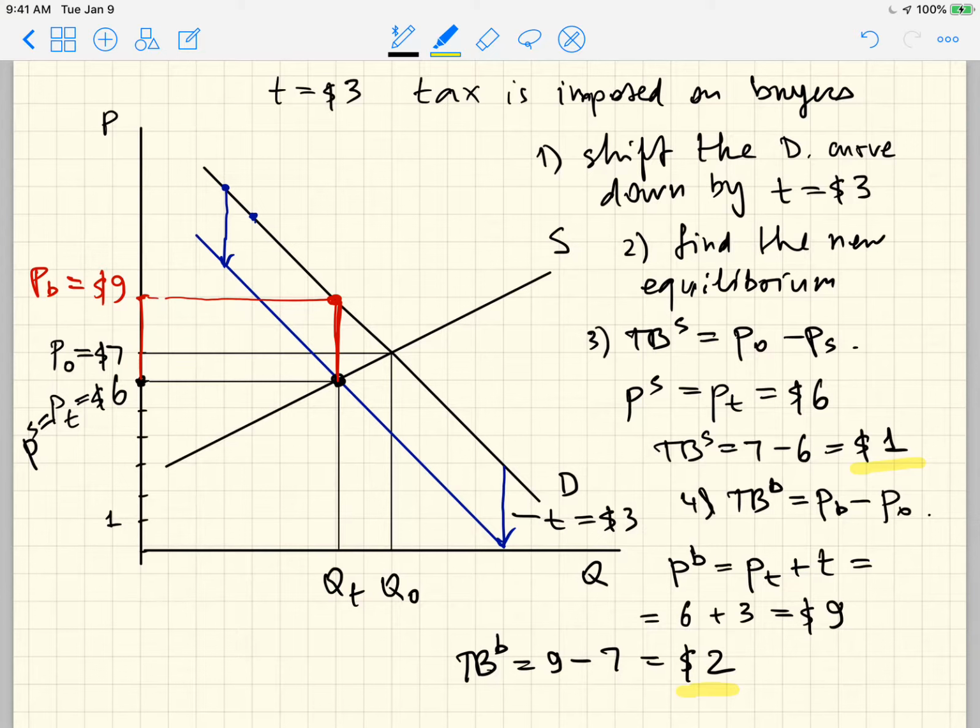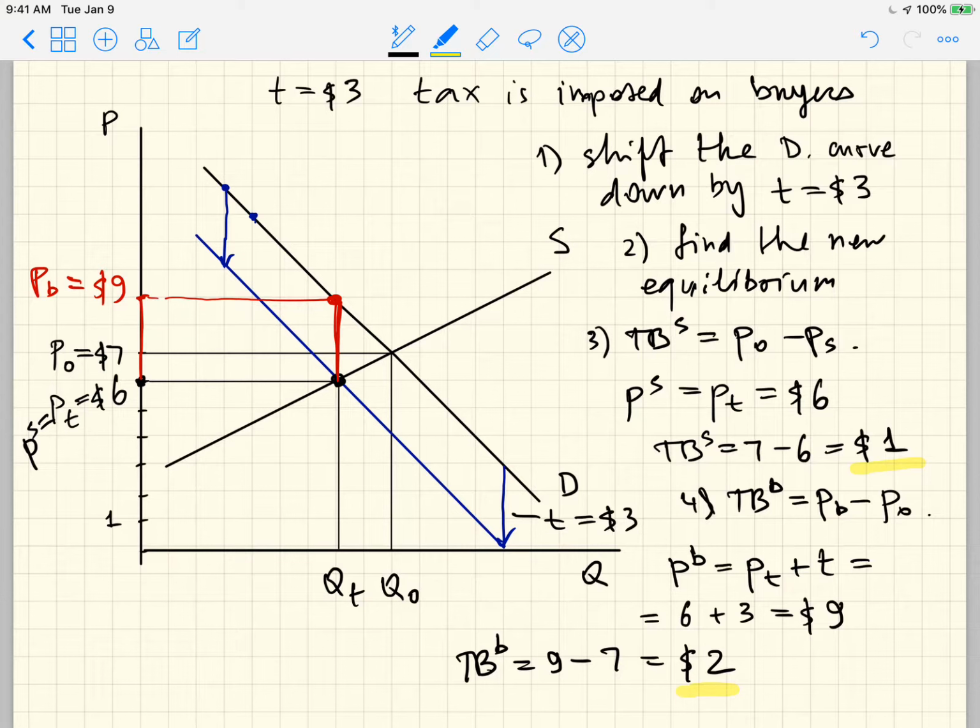So basically, the effect of taxation on buyers or sellers doesn't seem to have anything to do with on whom it is imposed. It's a really interesting result, and we'll talk about this more next time we talk about taxation.